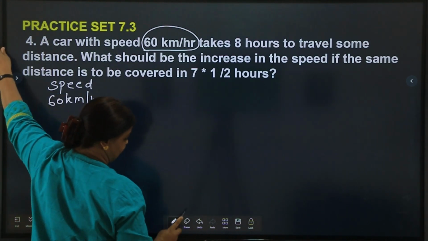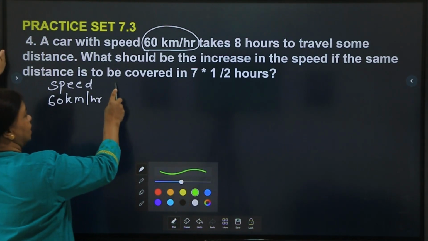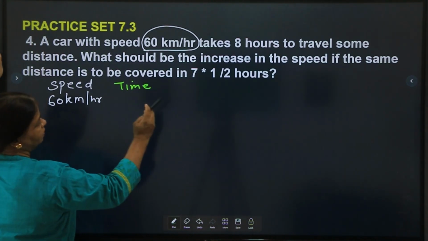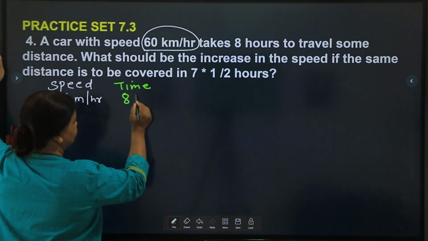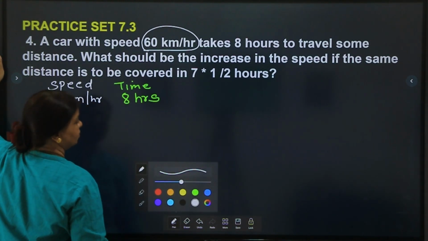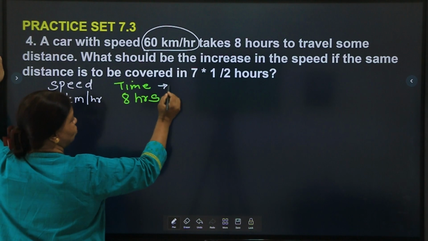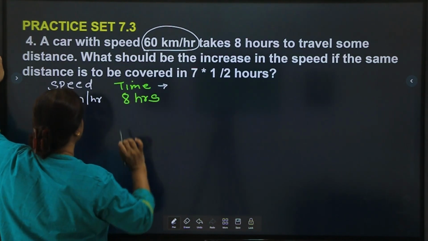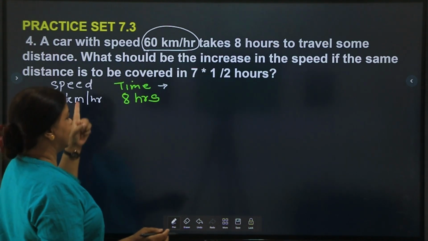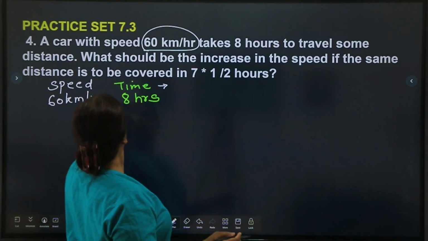It takes 8 hours. So let us assume time taken is t. Okay, read further. So speed is 60 km per hour, time taken is 8 hours.